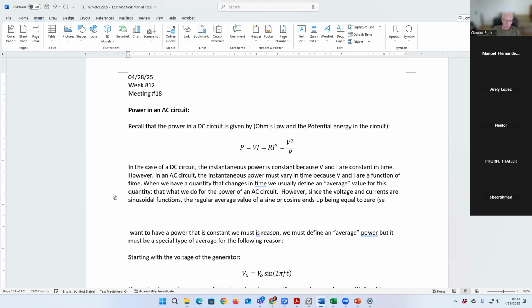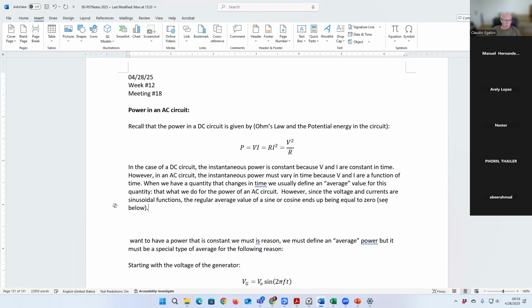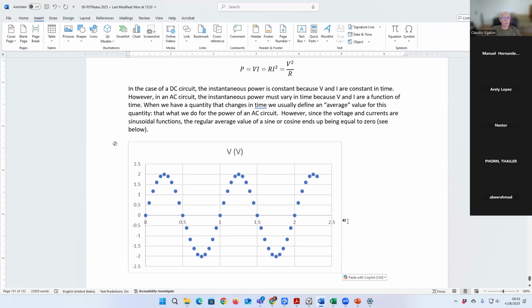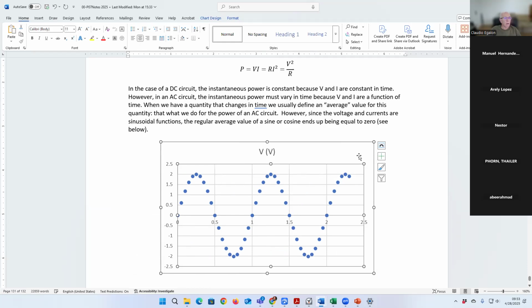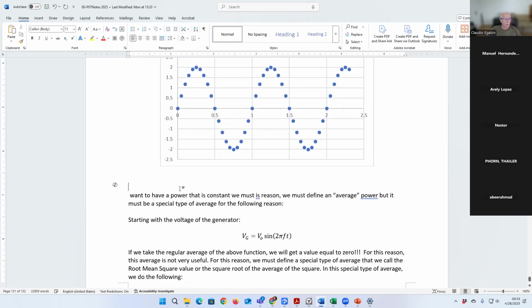See below. Here's the function. For this reason, we define a different type of average.